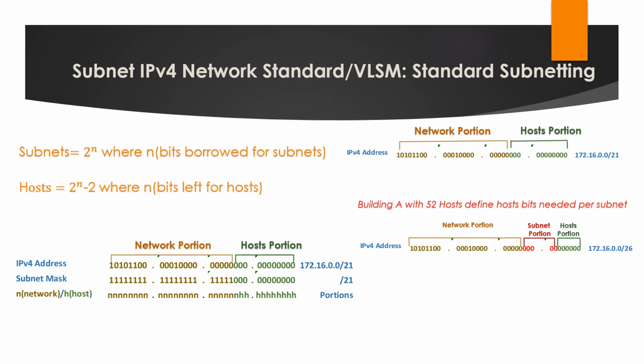Based on the formula for how many subnets will be created and how many hosts can be connected in each subnet, we will have 32 subnets that we can create by borrowing 5 bits from the host portion, and we will be able to connect 62 hosts per subnet.